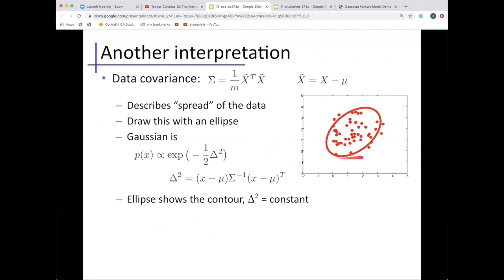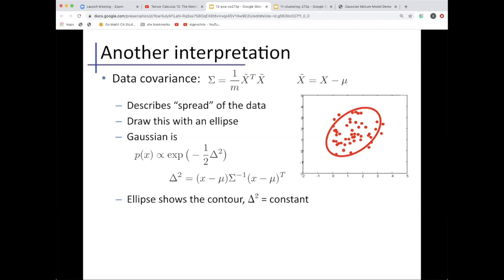Now, once you have the covariance matrix, if you look at it, along this ellipsoid here you get equal probability density. In general, they'll show up as an ellipsoid here. So the ellipsoid captures the overall distribution of the data sets.